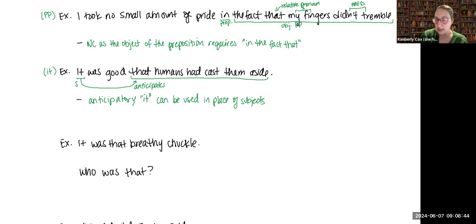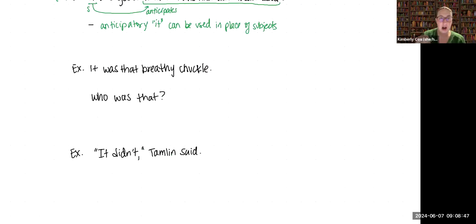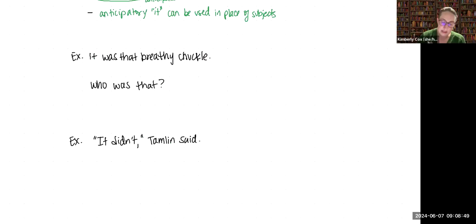The next example I want to offer focuses on a noun clause as a subject complement. "It was that breathy chuckle." And "Who was that?"